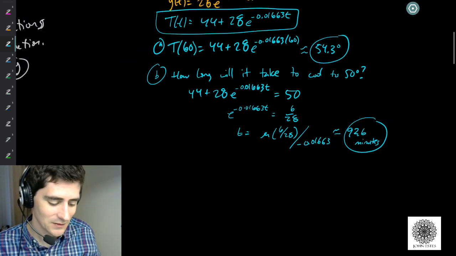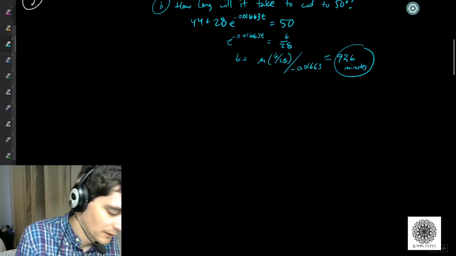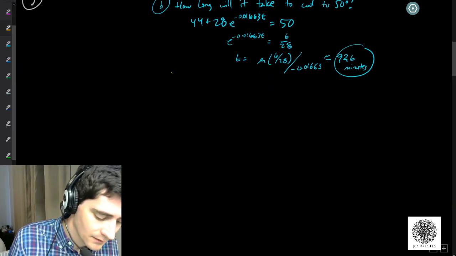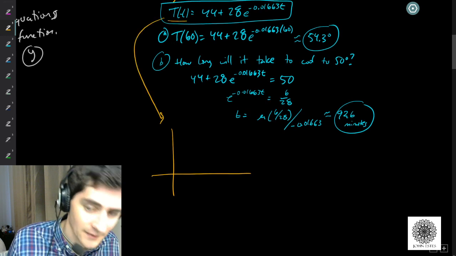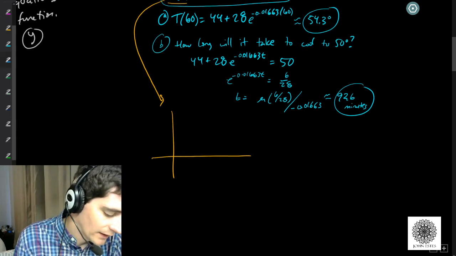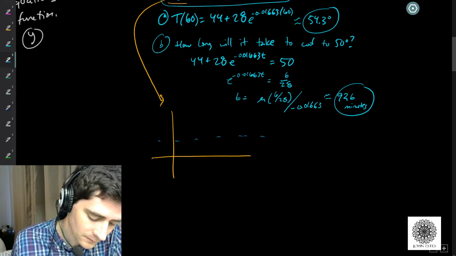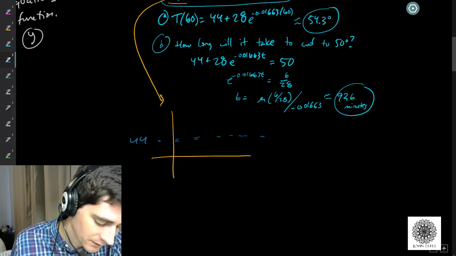Okay, now let me show you something kind of funny about Newton's law of cooling. If you graph this T function here, there's going to be a horizontal asymptote at 44 degrees, okay?